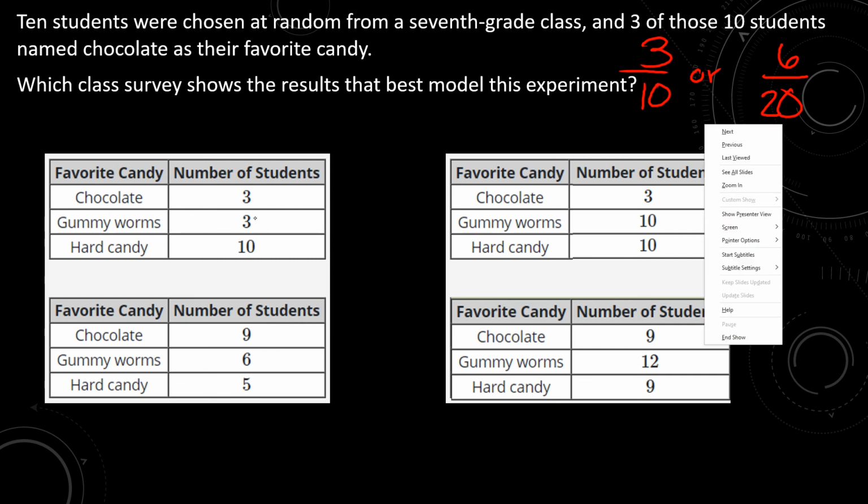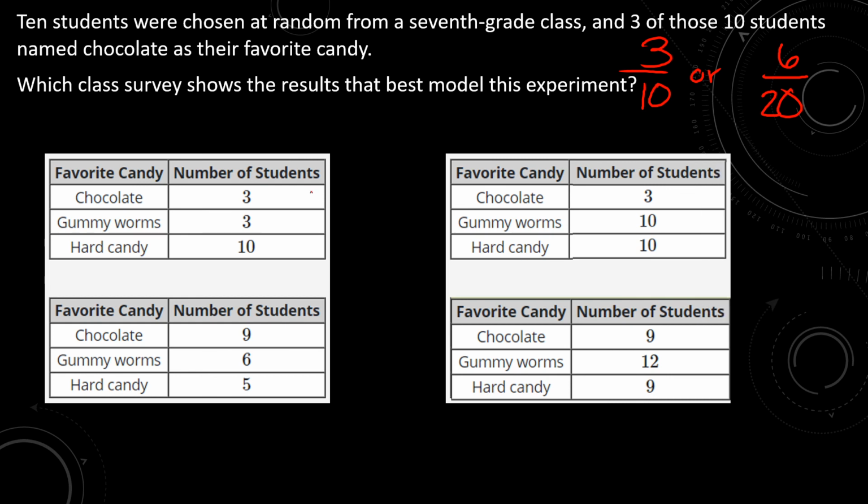So let's look at this first one here. For chocolate, I have 3. And add up the total number of kids. 10 plus 3 plus 3 is 16. So nope, not the same. This one over here, I have 9. 9 plus 6 plus 5, that gives me 20. Close, but nope. This one over here, I have 3 who like chocolate out of 23.